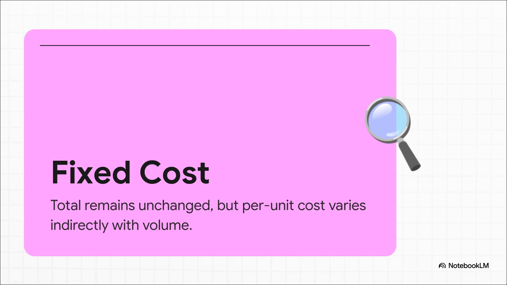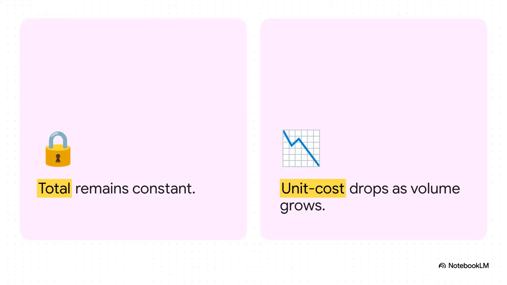That total bill stays exactly the same at the end of the month, even if you produce absolutely nothing and the factory floor just sits there in the dark. Applying our rule of opposites here, you can see the inverse pattern. For fixed costs, it's the total that is stubborn and unchanging. But since you're dividing that same stubborn total by more and more units as you get busier, the fixed cost per unit actually shrinks. It varies indirectly with your activity level.